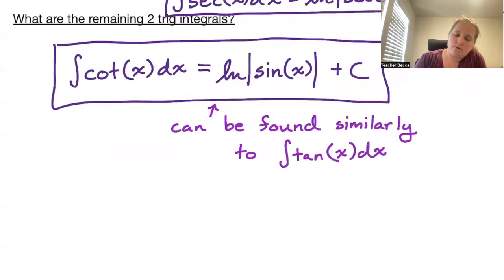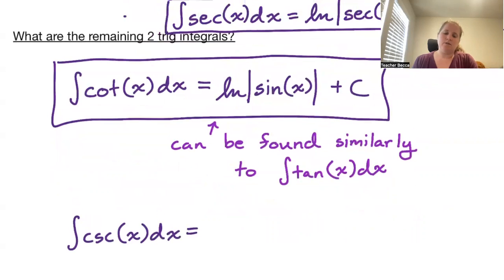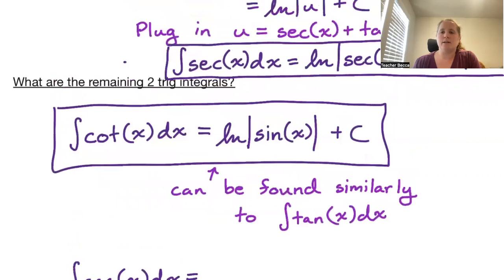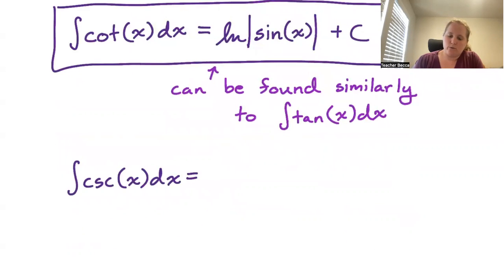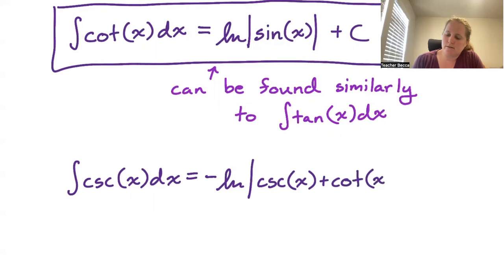Then the integral of cosecant x dx. Integral of secant was a positive natural log of secant x plus tan x plus c. Integral of cosecant is negative natural log of the absolute value of cosecant of x plus cotangent of x, plus c.